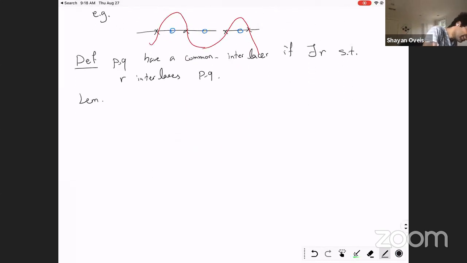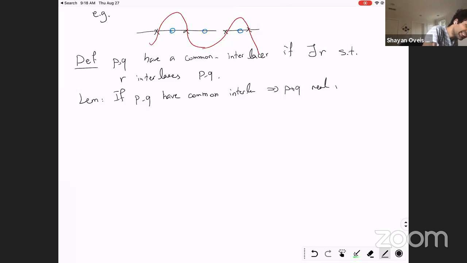I should say I'm a bit hand wavy here. I just want to give you intuition, so I don't want to be very concrete. So the lemma is that if P and Q have a common interlacer, then P plus Q is real rooted.